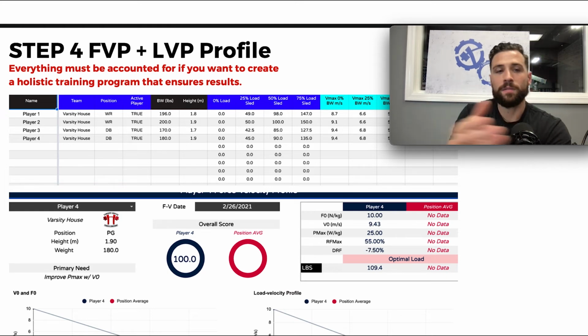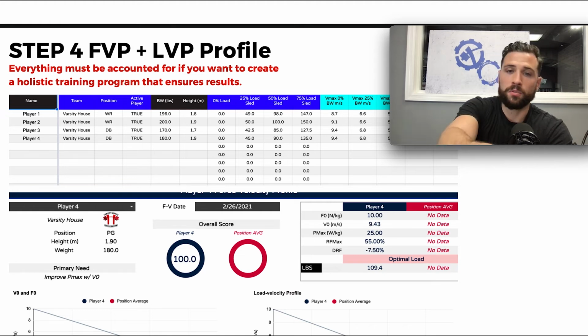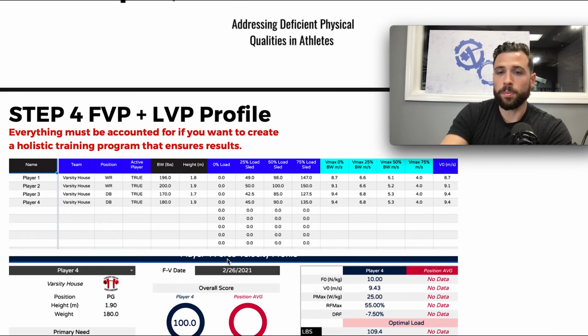And now you'll have different metrics, right? You're gonna have different factors. You can see here, velocity max, percentage of body weight, meters per second. That was the first test in blue that we performed. Then, as we perform the 25%, you're gonna see a different meters per second. At 50%, you're gonna see a different meters per second. And then obviously you're gonna see a complete drop off at 75%.